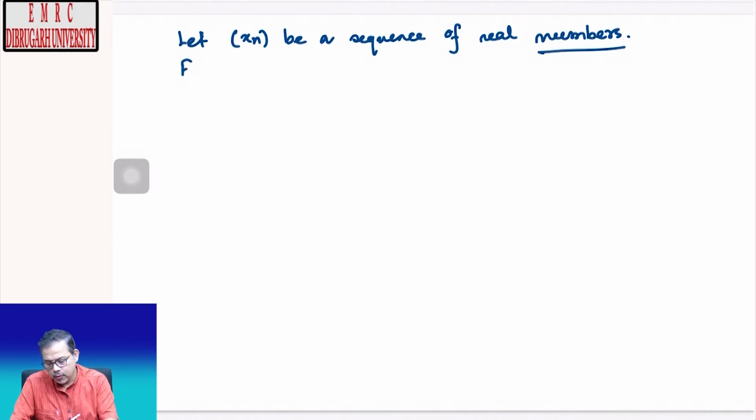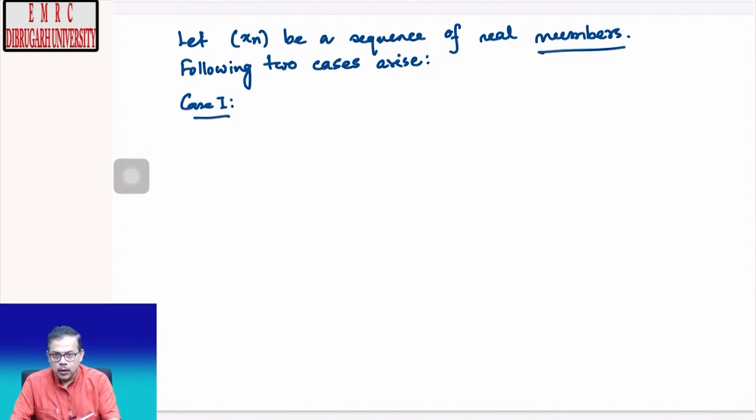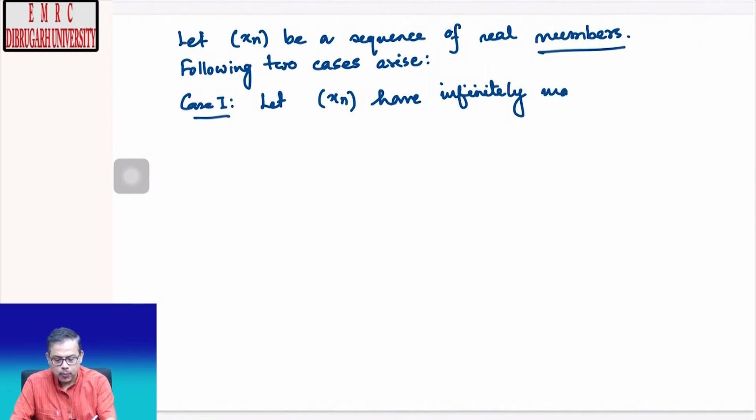The following two cases arise. Case 1: let xn have infinitely many peaks. It is possible.